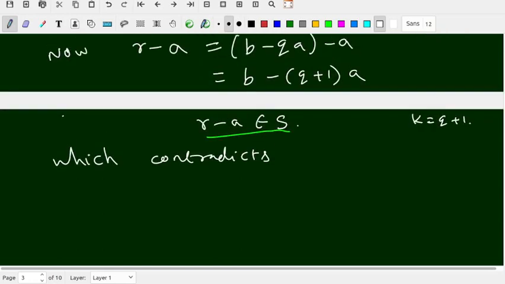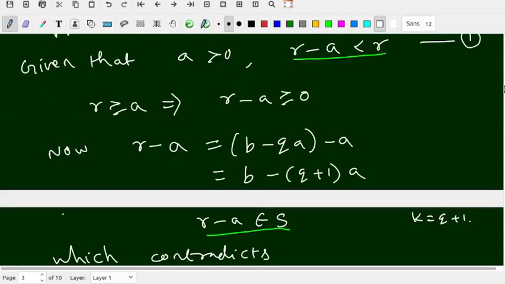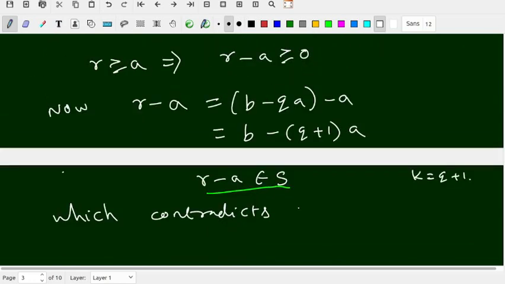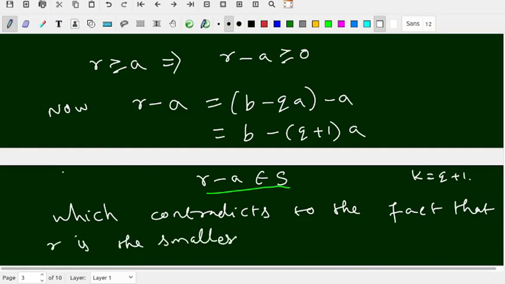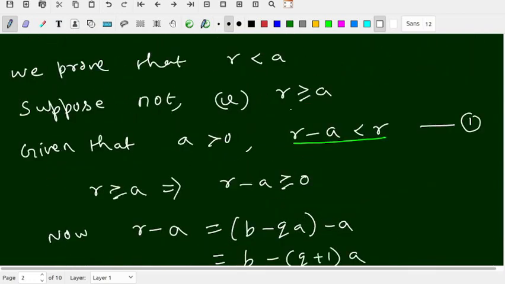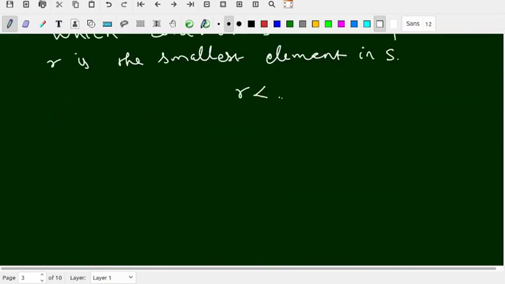R is the smallest number in S, but here R minus a is a number strictly less than R that belongs to S. So this contradicts the definition of R, the fact that R is the smallest element in S. Therefore R should not be greater than or equal to a. So R is less than a.